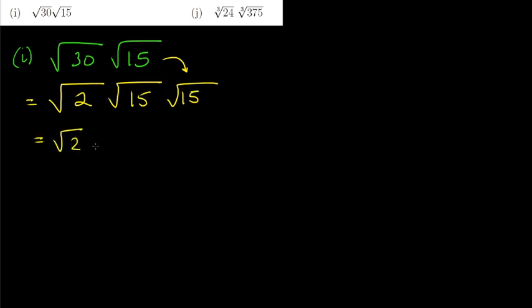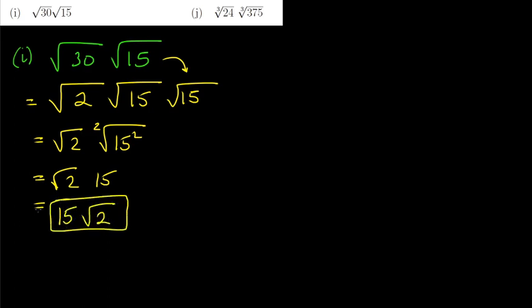So we have the square root of 2 times the square root of 15 times 15. Well, that's just 15 squared, or 225. But the point is the square root of 225 is just 15. So just put the 15 in front of the square root of 2. So that's the fastest way to get it.